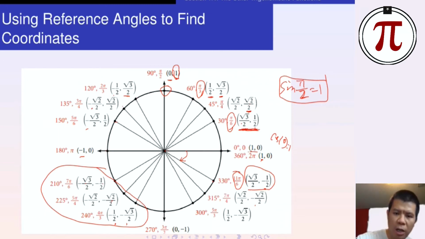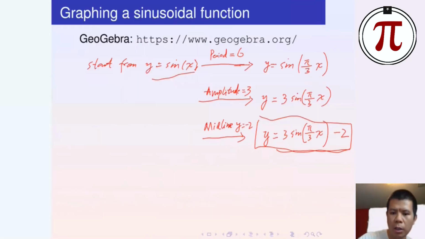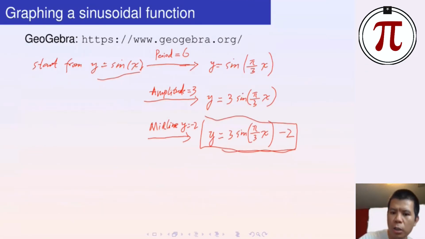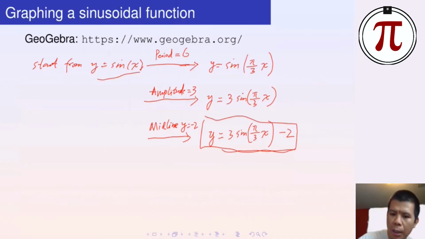So similarly, for our function here in GeoGebra, we want to identify at which point it reaches the largest value. So we need sine of pi over 3 times x to equal pi over 2, right?